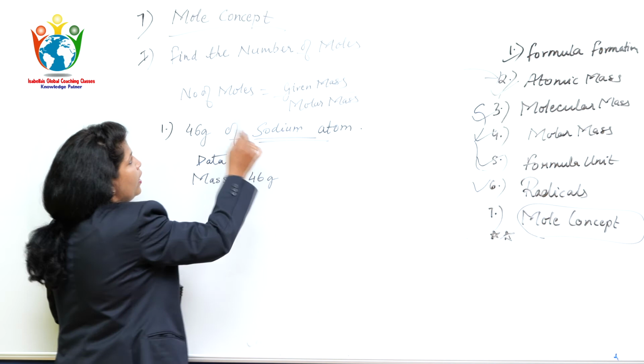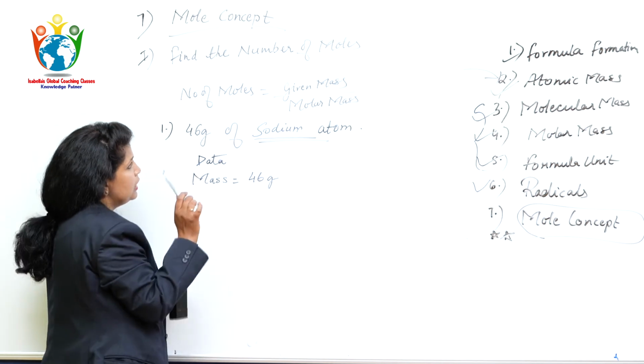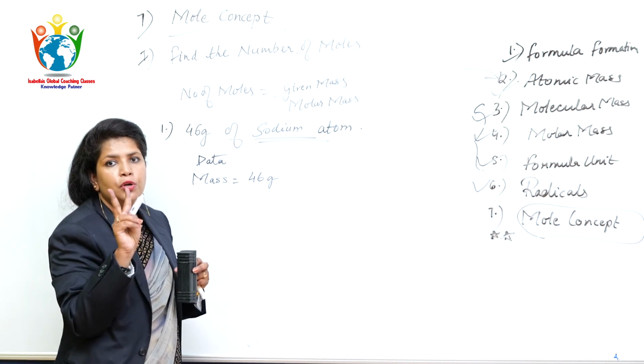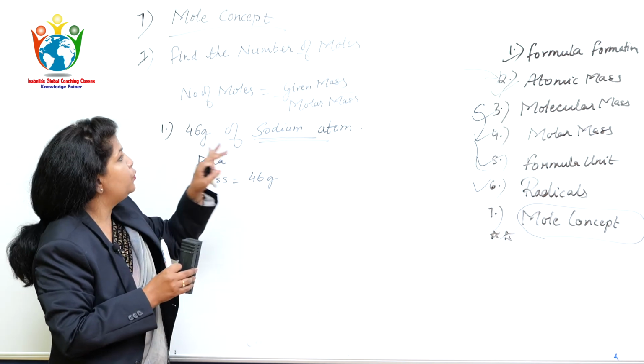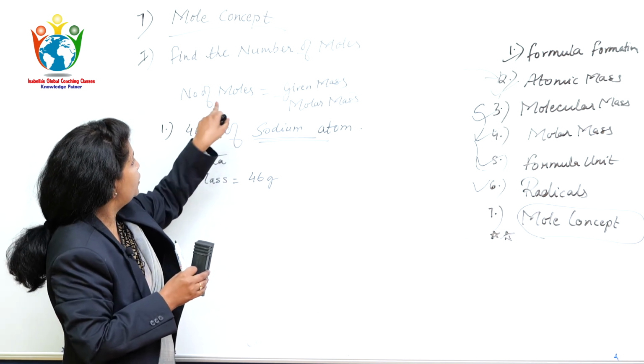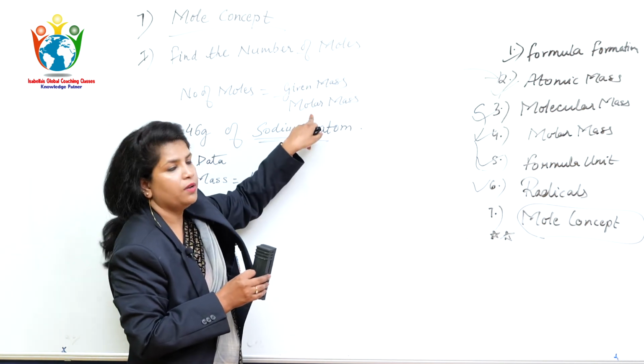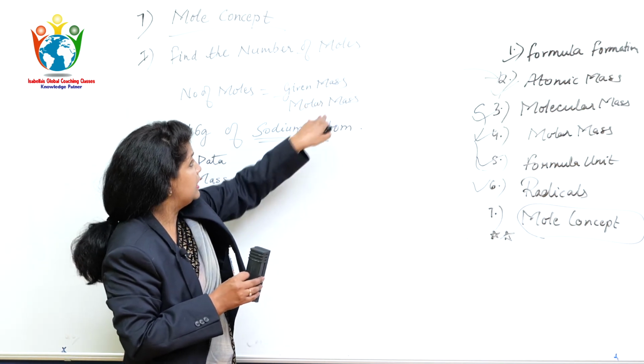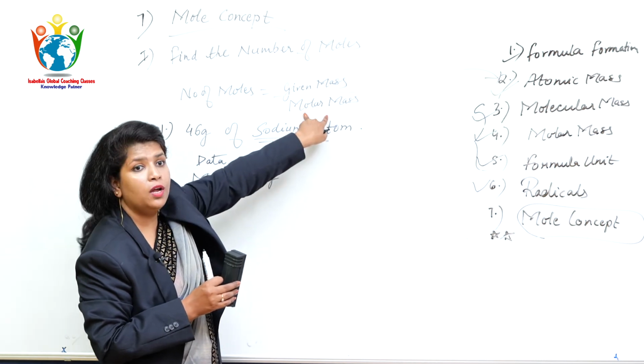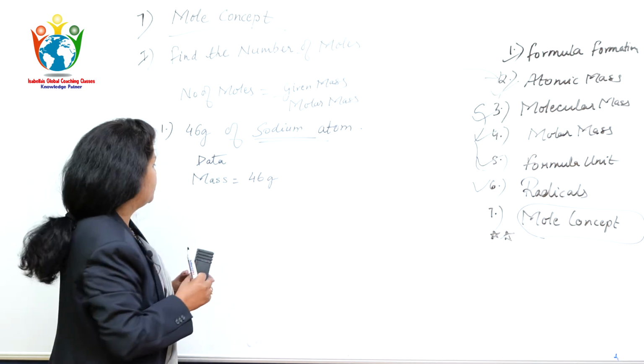Very good. Now next we go with sodium atom. You can see the formula, because with 2 unknown quantities you cannot solve a numerical. You can only go if you have 1 unknown quantity, because 2 known quantities you should have. We know the mass, but one thing we can find out is the molar mass. So molar mass of sodium we are going to find out.